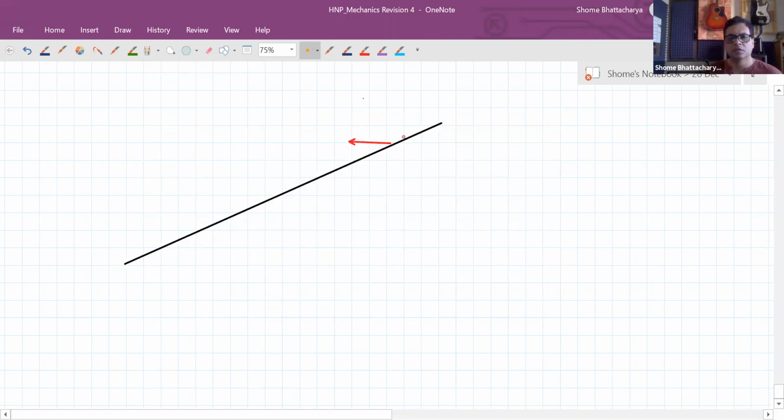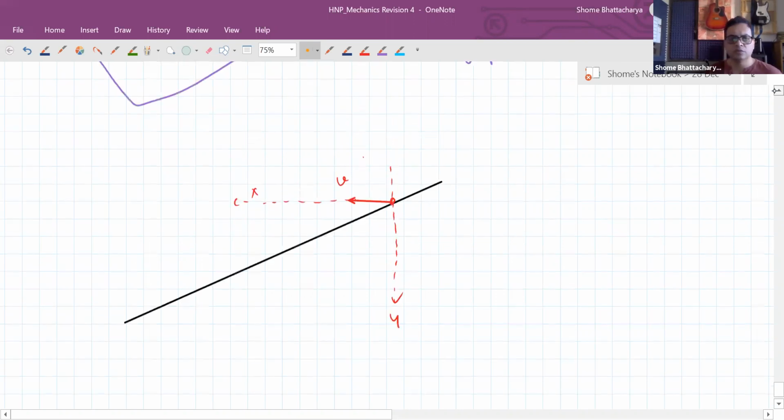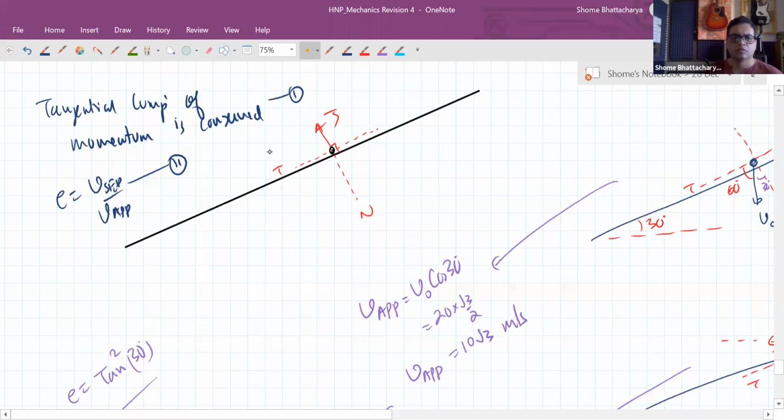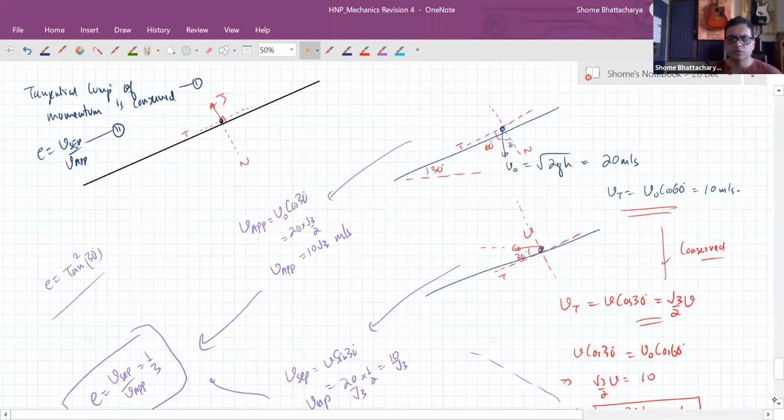Why? Because if you take this direction to be your x-axis and this direction to be your y-axis, so this velocity we've just got above, it was I think 10 by root 3 or whatever. So v was 20 by root 3, right?